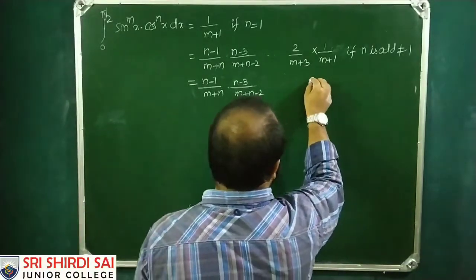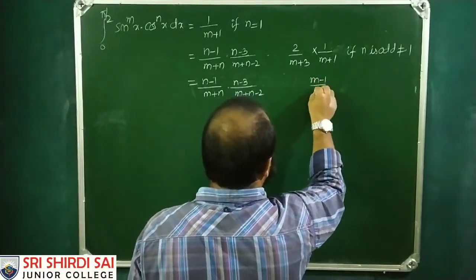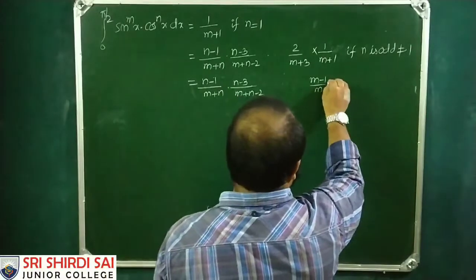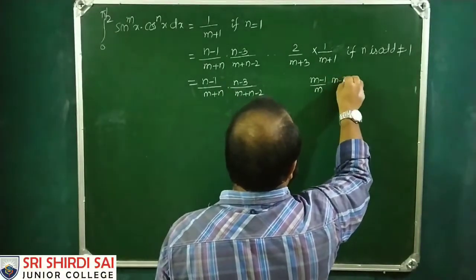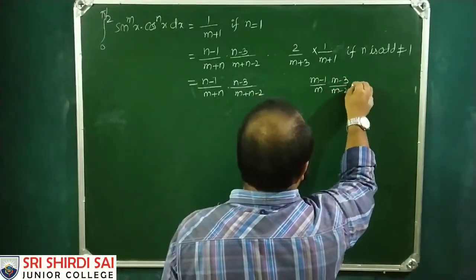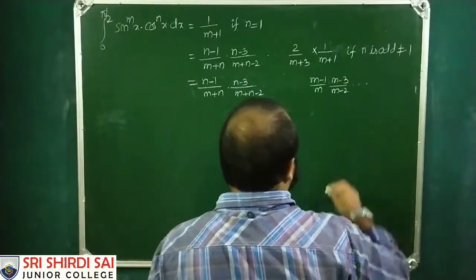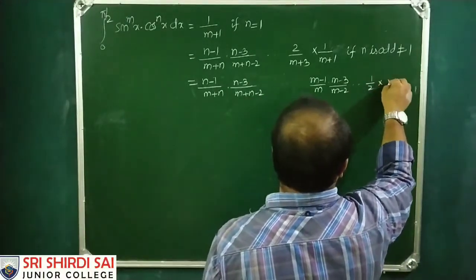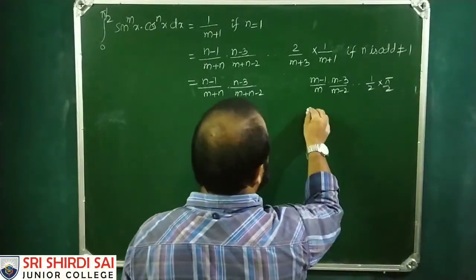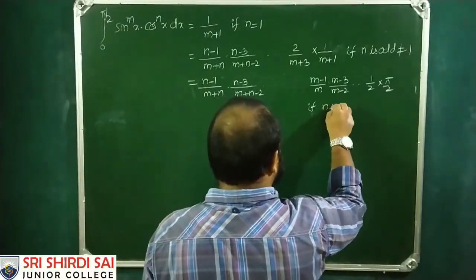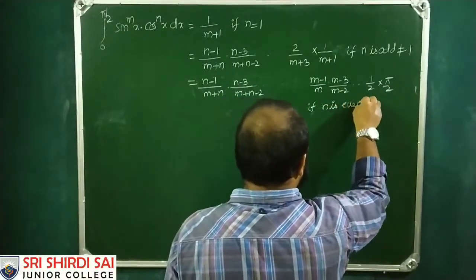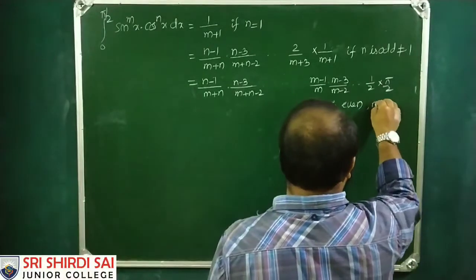And this is equal to (n minus 1) by (m plus n) into (n minus 3) by (m plus n minus 2), etcetera, into (m minus 1) by m, (m minus 3) by (m minus 2), etcetera, into 1 by 2 into pi by 2, if n is even, m is also even.